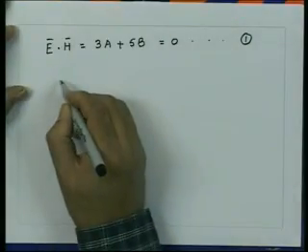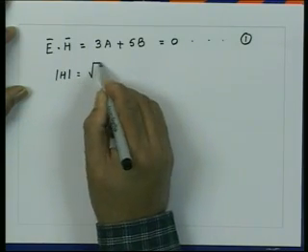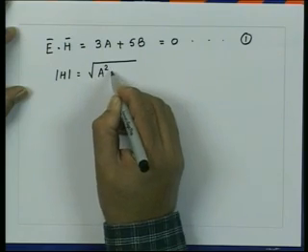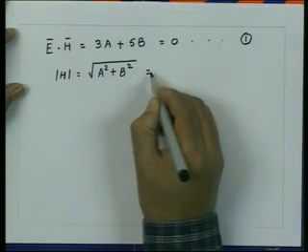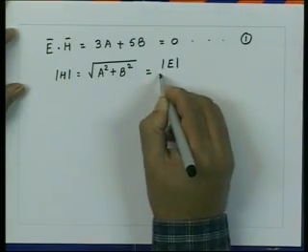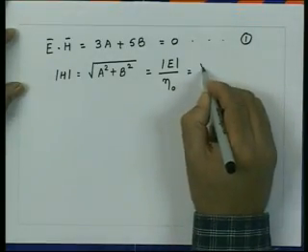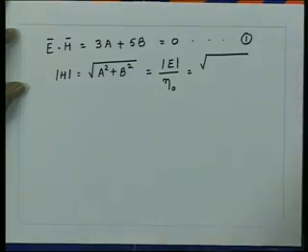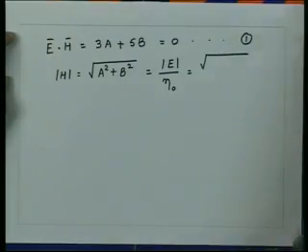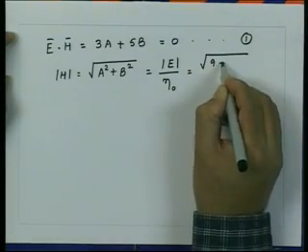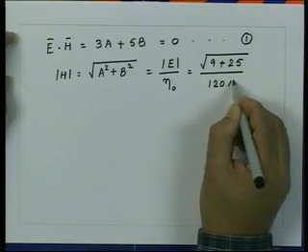From here we get mod of H equal to square root of A square plus B square, that is equal to mod of E divided by eta naught, and that is equal to square root of 3 square plus 5 square, so this is 9 plus 25, divided by 120 pi.